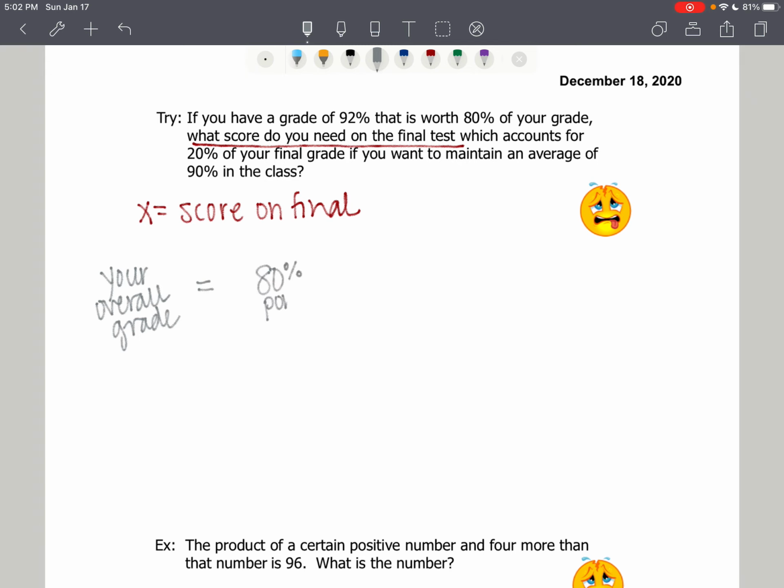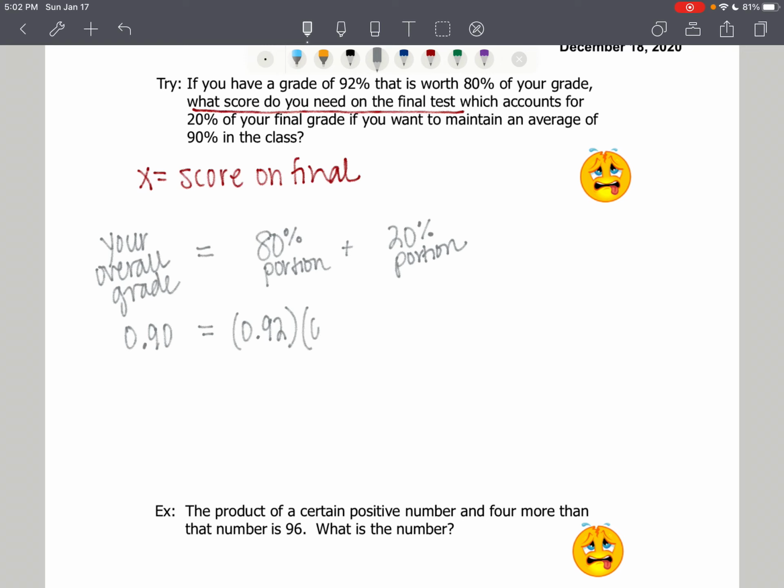The 80% portion is 92% right now. So we're going to change everything to a percent: 0.92 times 0.80. 80% of 92% is going to go towards your overall grade. And then the part we don't know is your final exam, which is 20%. So we'll call that value, like we defined it above, X.